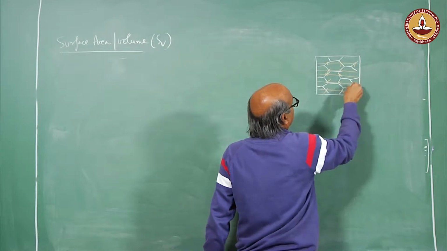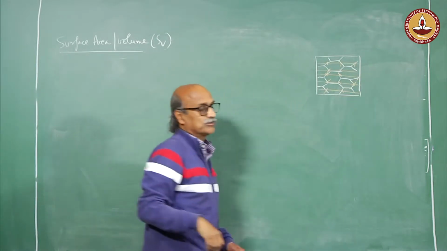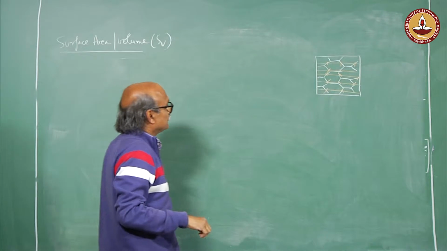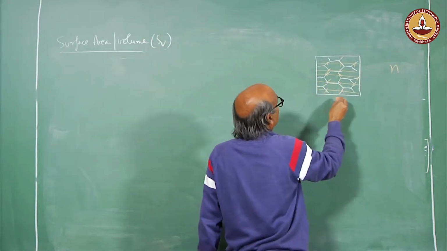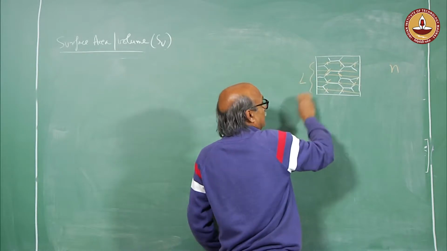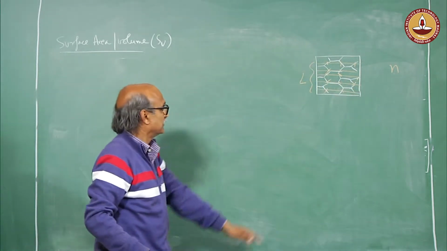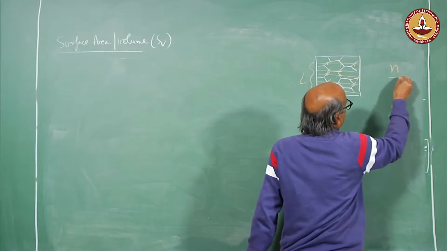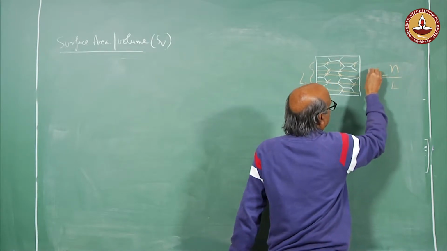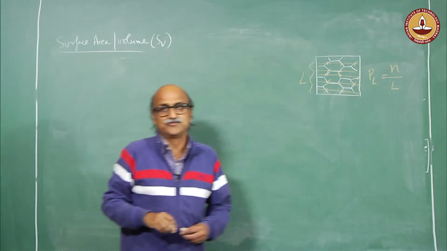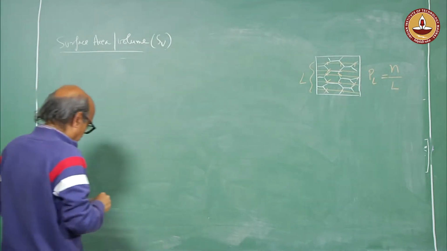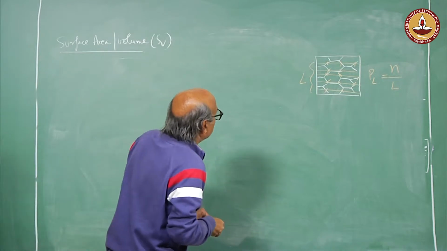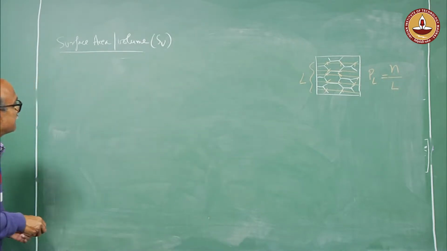These are all intersections that you need to count. And if this is n, the number of intersections, and the total length of all the lines added together is, let us say, capital L, then n upon L gives you the number of intersections per unit length, which you estimated in the graphite nodule microstructure.